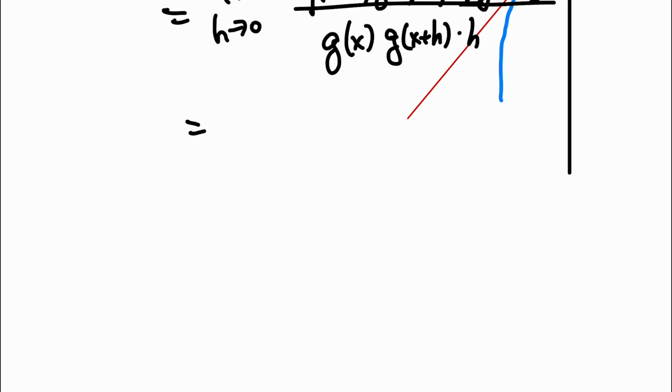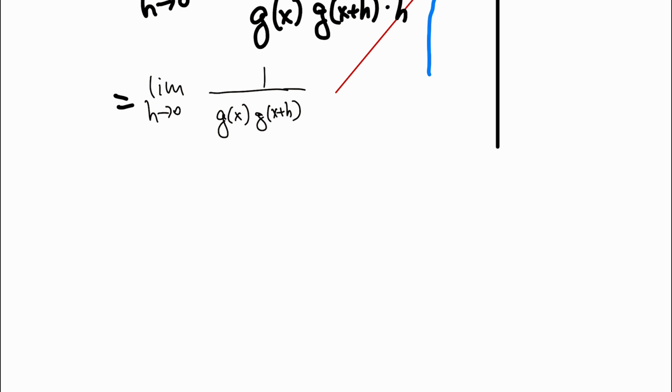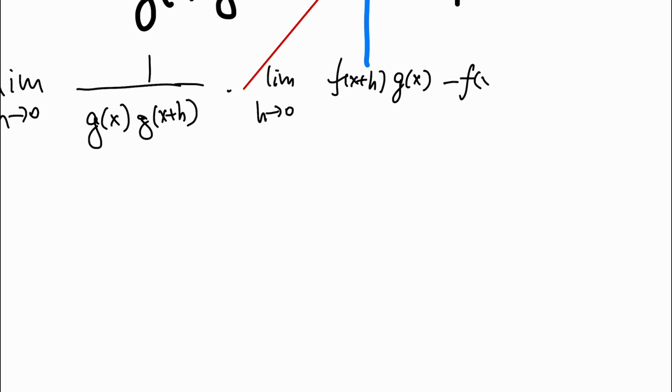We can have the denominator and the numerator with the h. So the denominator part will just be the limit as h approaches 0 of 1 over g of x and g of x plus h, times the limit as h approaches 0 of f of x plus h g of x minus f of x g of x plus h over h.